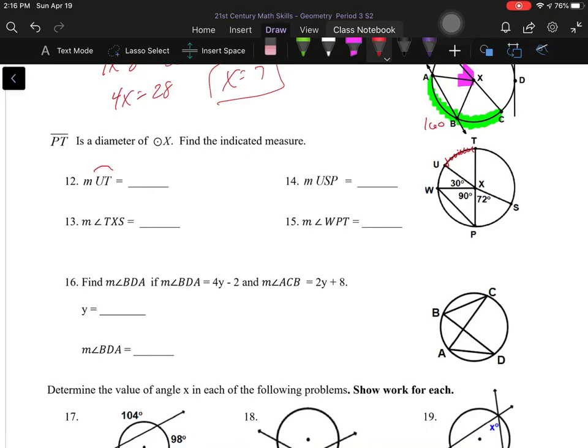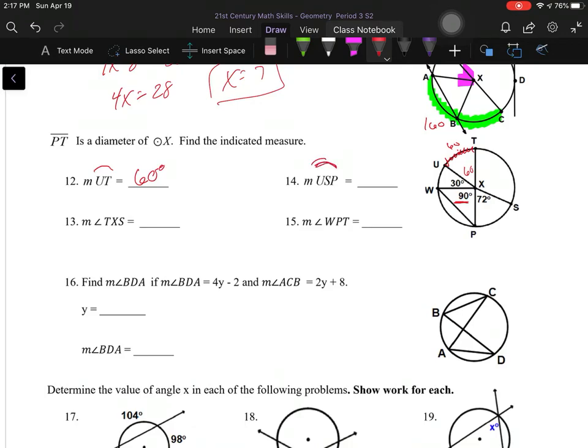Because TP is a diameter, we know that from T to P on the circle is 180 degrees, or you can look at your angle measures. Since this angle here is 90, the angle side by side to that also has to be 90. So that would leave us with 60 degrees because 60 plus 30 makes 90. So I know that the arc measure is also 60 degrees.